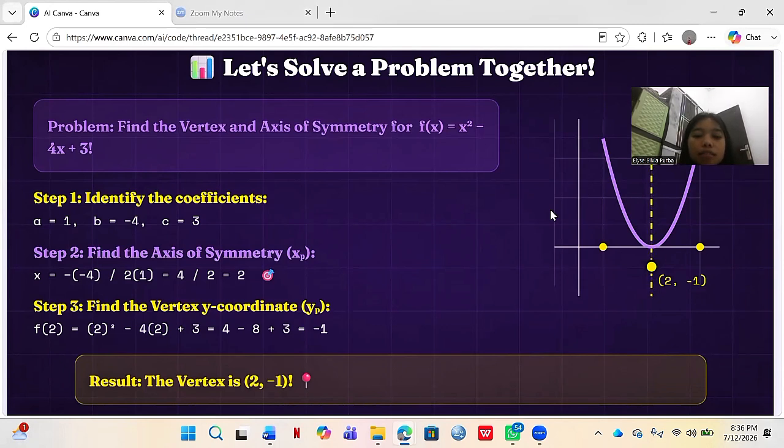Step 1. Identify the coefficients. Here, a equals 1, b equals minus 4, and c equals 3.